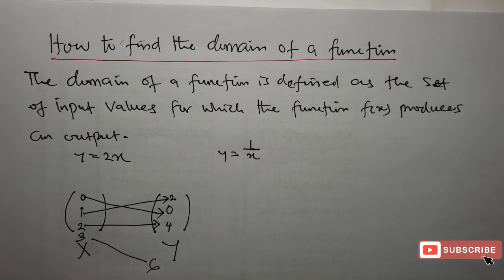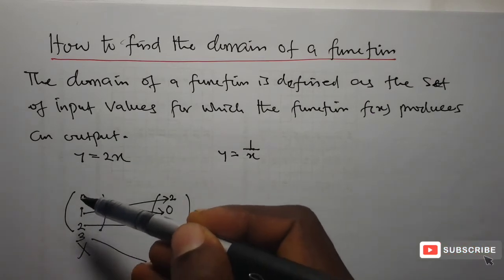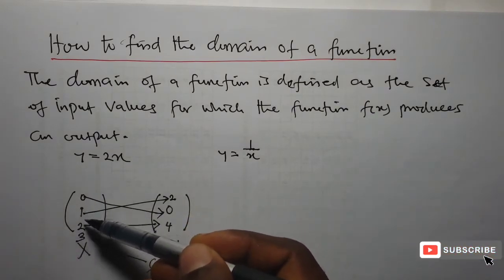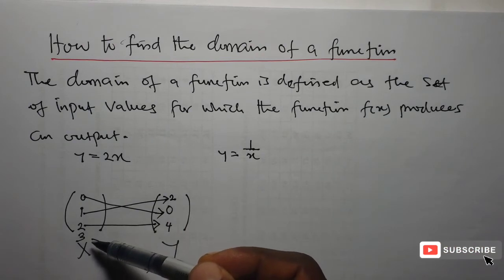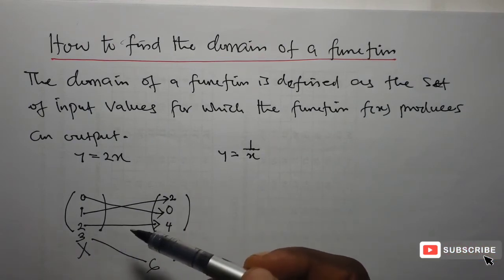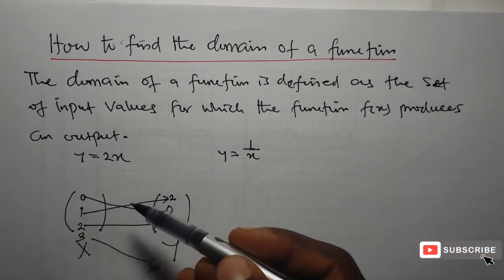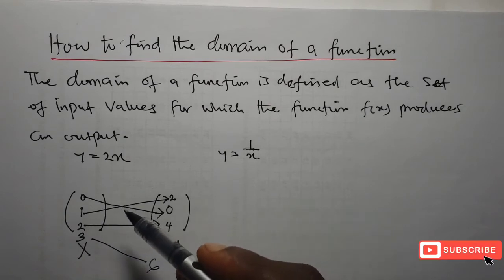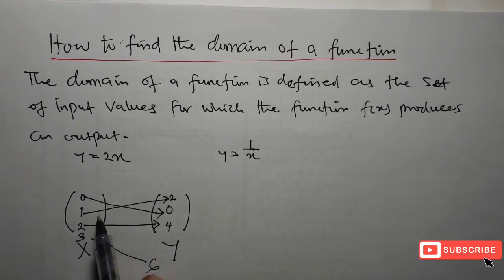We can plug in 5, and 5 will be mapped to 10 in the codomain. The question is, now, can we list all the members of the domain? The answer is no. So here we want techniques that help us list the elements of this domain.